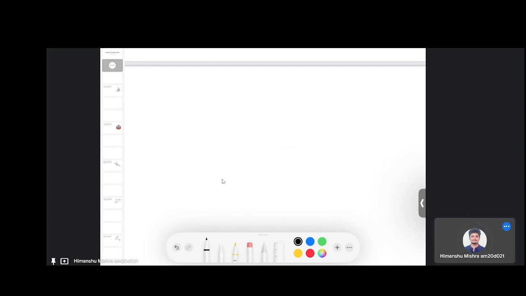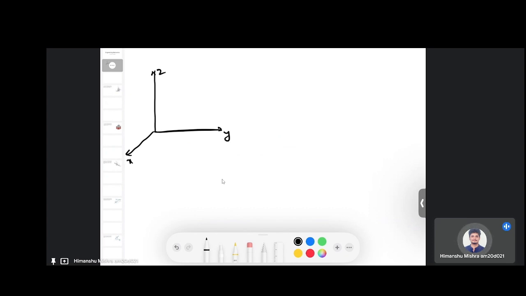For example, let's say this is my Cartesian coordinate system and there is one body which I am placing here. Let's say this is a shaded part, just for identification of the rotation. Now, let's say this is my case 1 and I am rotating the body about the z-axis by 90 degrees.